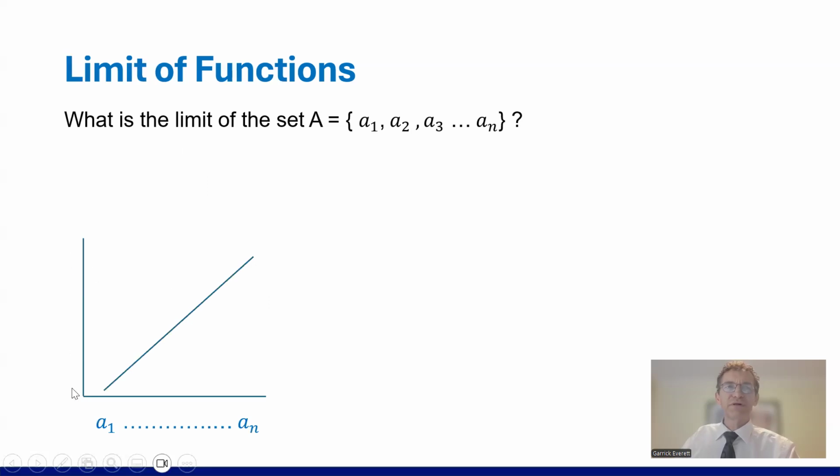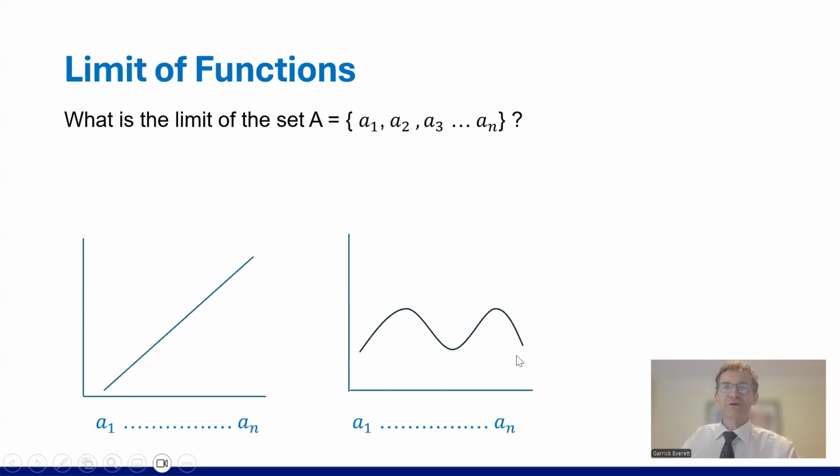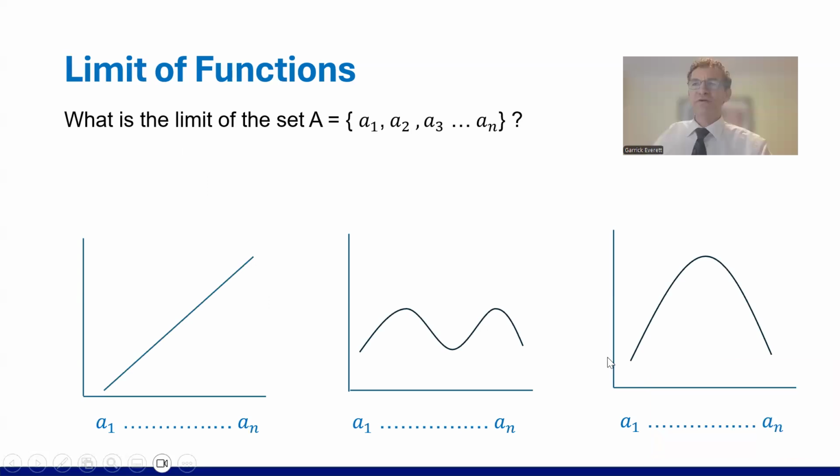Obviously, we'd have to have some values here so you can see what's going on. Or we could do this. And again, we'd have to have values here and here. Or we can do this. And again, you'd have to have values here and here to see what's going on, because you can't really tell from this information what is the limit of this set when they're not actual integer values.